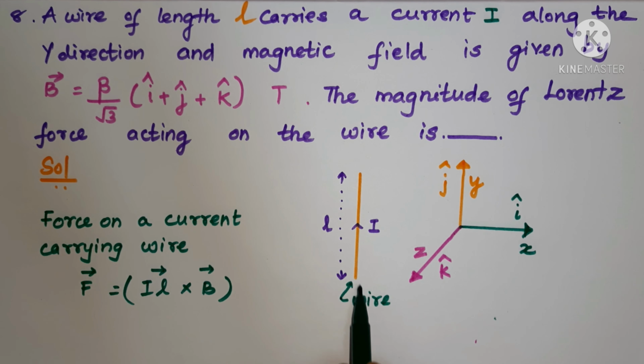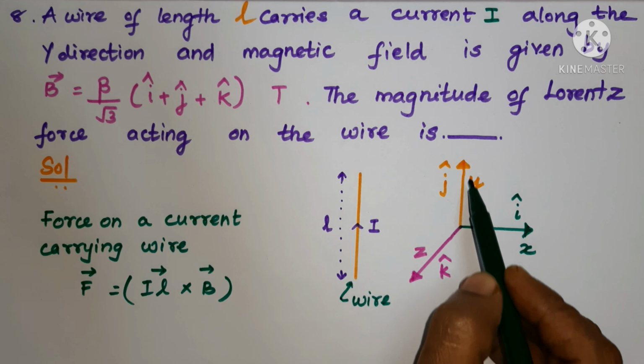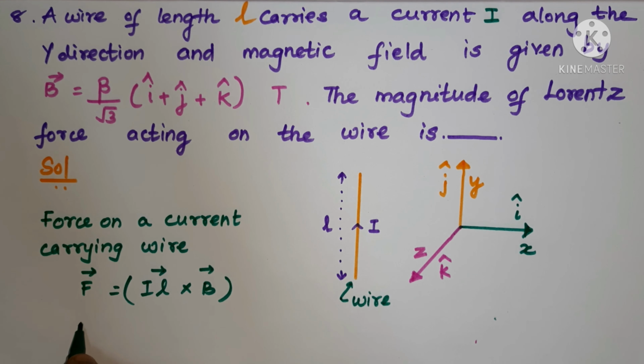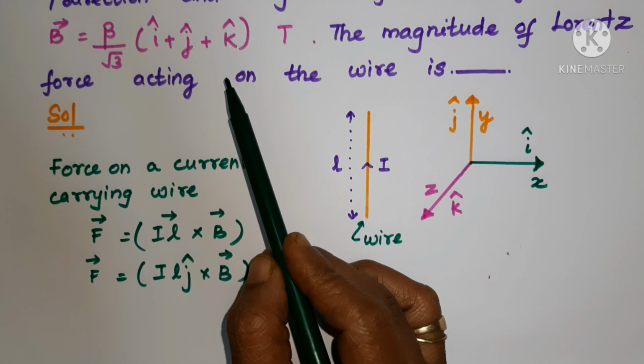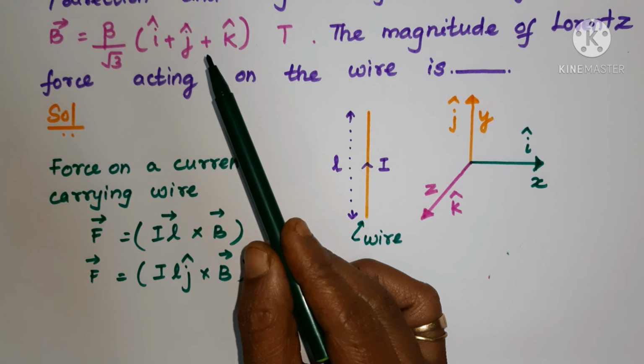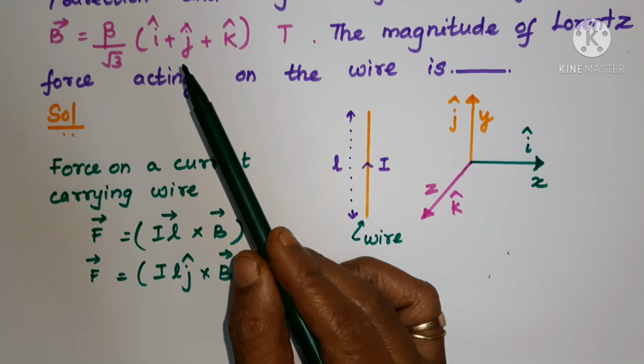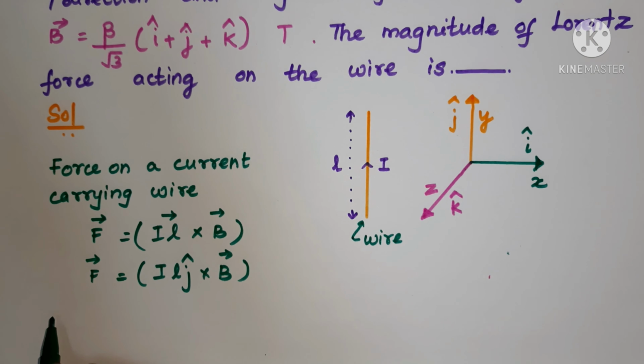As the wire carries current along the y direction, we can write F vector is equal to I L j cap cross B vector. The value of B vector is given to be beta by root 3 into i cap plus j cap plus k cap.